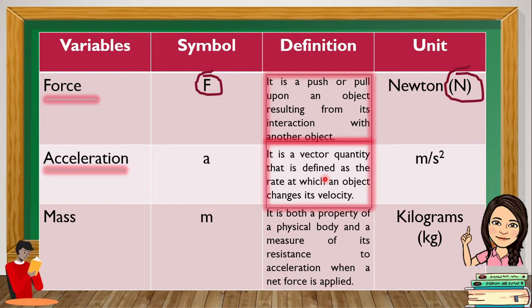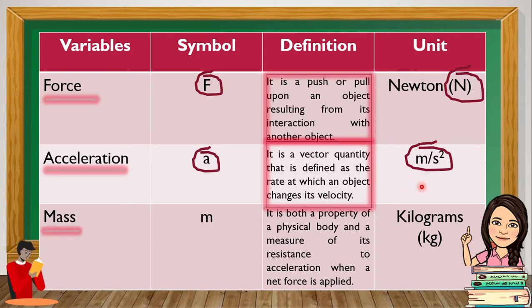When the car slows down or when you fall off a bridge, those are examples of acceleration. A is a symbol for acceleration with the unit meter per second squared. Again, the unit for acceleration is meter per second squared.